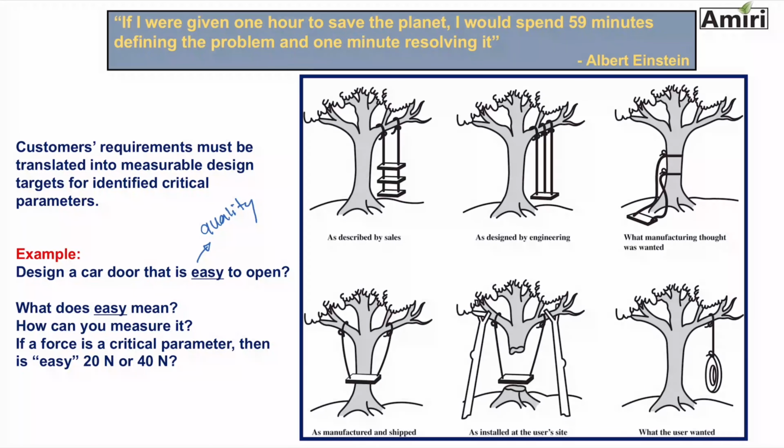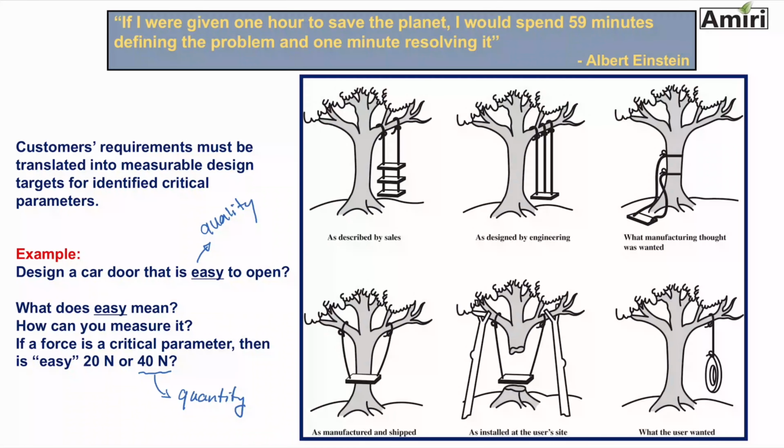For example, easy could mean the door needs only 40 newtons to open. Now, this is something with a unit and a number so that we can measure. It's a technical description. Now it's an engineering term. And this one has quantity attached to it. So we went from quality to quantity.